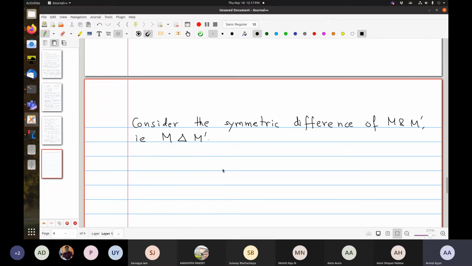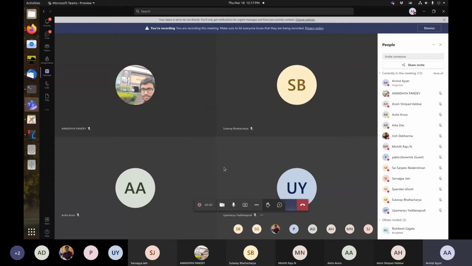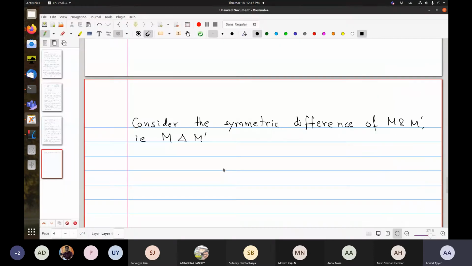So everybody knows what the symmetric difference is. The symmetric difference of two sets A and B is A minus B union B minus A. Okay. So what is this symmetric difference?